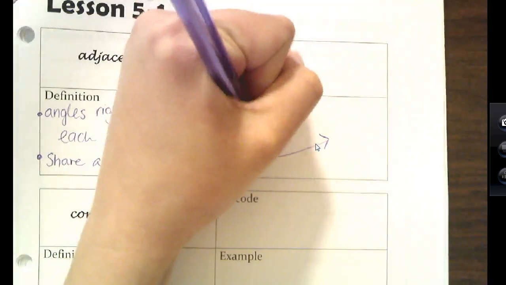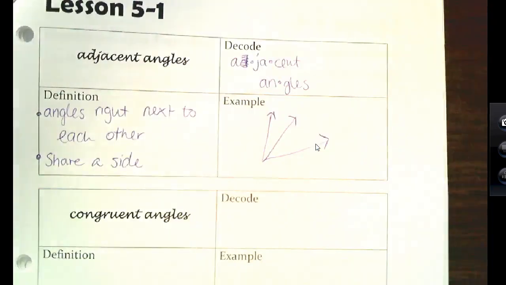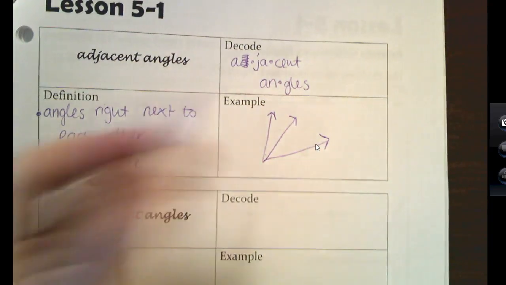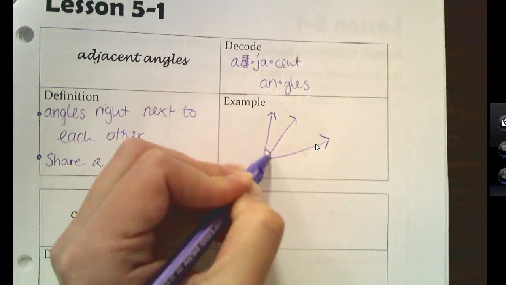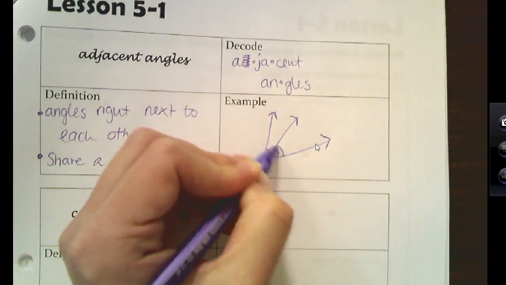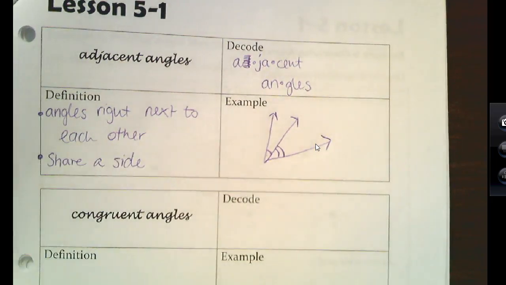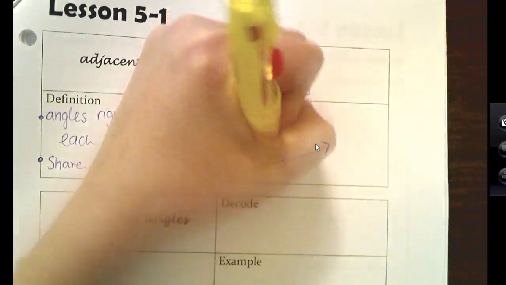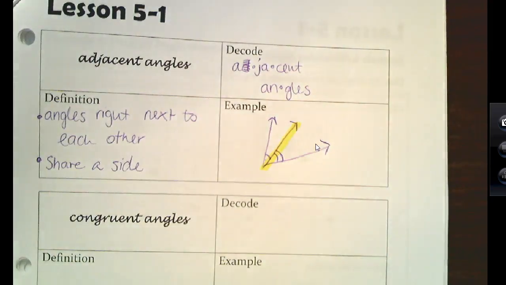So if I draw a line halfway through this, what I just did was create 2 separate angles that are right next to each other. They are adjacent to each other, and they also share a common side. I could highlight this side right here, and those 2 adjacent angles share that side.